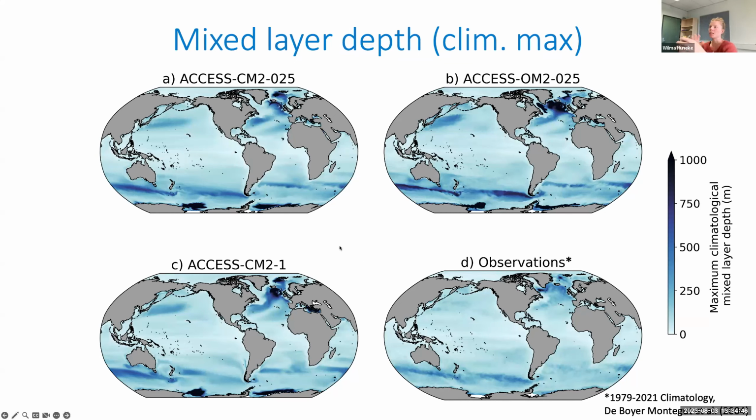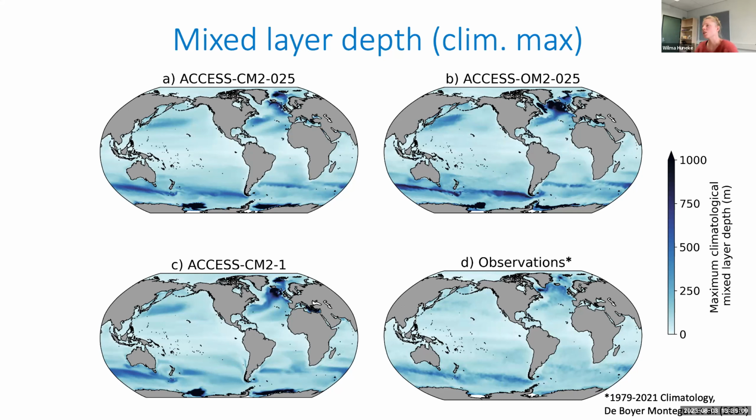So what I did here is, it's not one season. I always picked when there is the deepest mixed layer depth for a particular grid cell. So it's kind of winter in both hemispheres here.